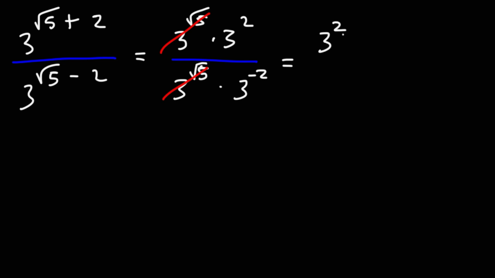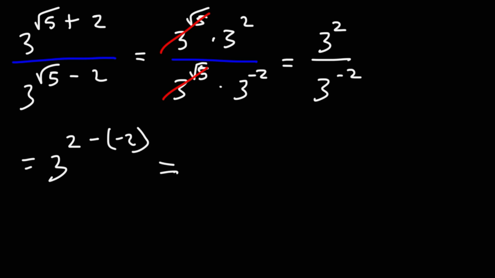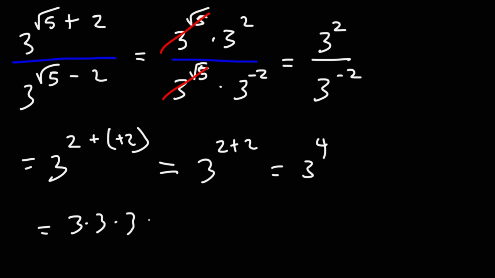And then we'll be left with 3 squared over 3 to the negative 2, which we could subtract the top exponent, 2, minus the bottom exponent, negative 2. So these two negative signs, two negatives will make a positive, so this becomes 2 plus 2, which is 4. And 3 to the fourth power, that's 3 times 3 times 3 times 3.